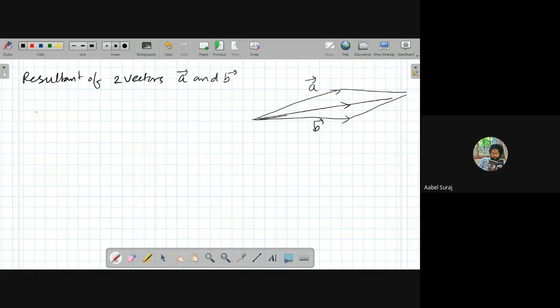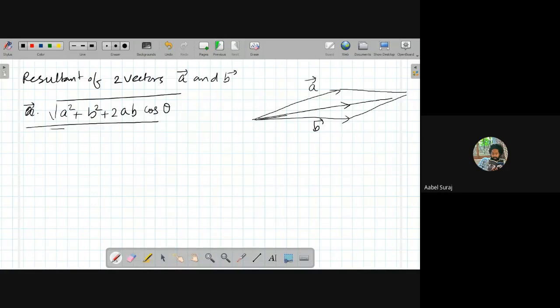So how will you write that? The resultant will be root of A square plus B square plus 2AB cos theta.